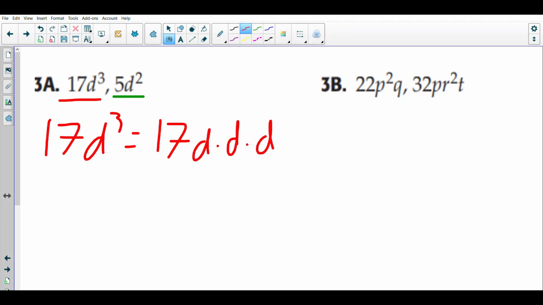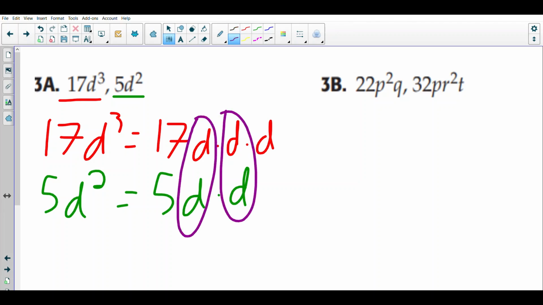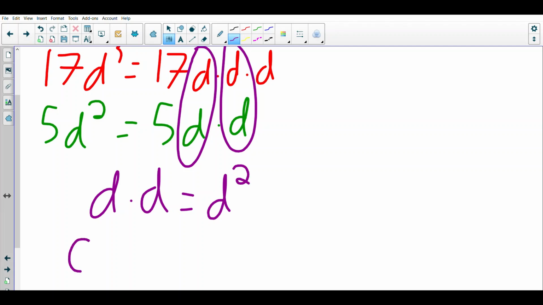And then for 5d squared, well, 5 is prime, so I'm going to leave it, and then we have d times d. So now we're going to circle everything that's in common. So we have 1 d and 2 d's. So we only have d times d, which is really d squared. So our greatest common factor is d squared.